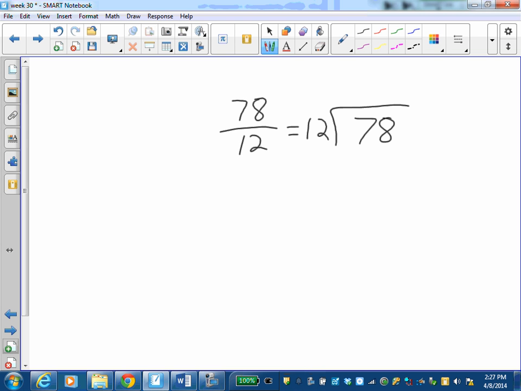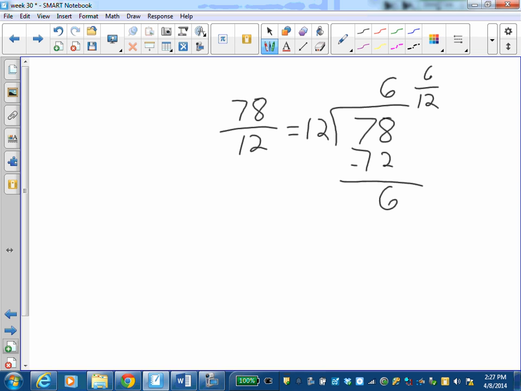Well, if I think about my 12 times tables, I know that 12 times 6 is 72, and I know I'm not going to get any closer than that. I do my subtraction, I'm left with 6.